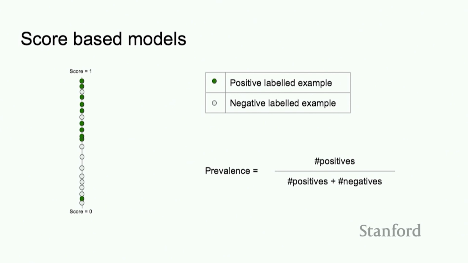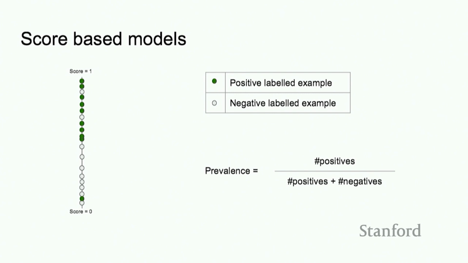Right, so the green dots are the positive examples, gray dots are the negative examples, and by placing them on a line like this, we are defining a natural order on the predictions, right? It's always good to first have a look at this kind of rank order of your examples in your dev set before you start debugging your model, right? This gives you a good sense of what your model is doing in a big picture.